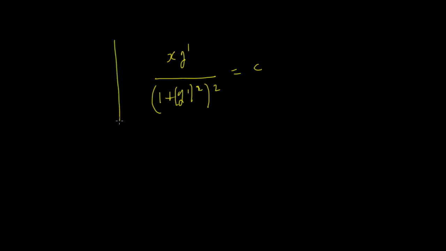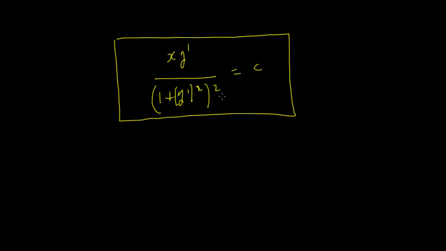It's going to be x y derivative upon 1 plus y derivative, bracket squared, all squared equals a constant.